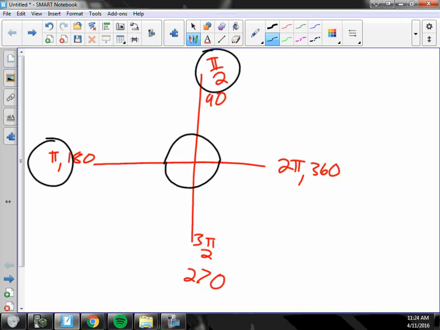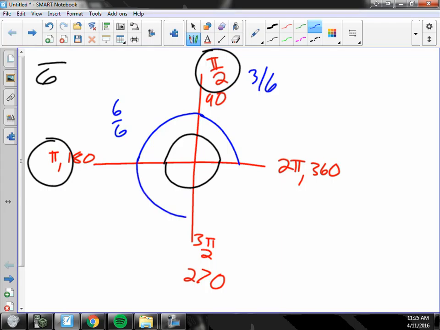What if we decide to cut our pizzas into 6 pieces? So that's the plan, 6 pieces. How much of a rotation is that if our pies are cut into sixths? That would be 3 over 6. How much would that be? 6 over 6, a full pie. How much would this be? 9 over 6.